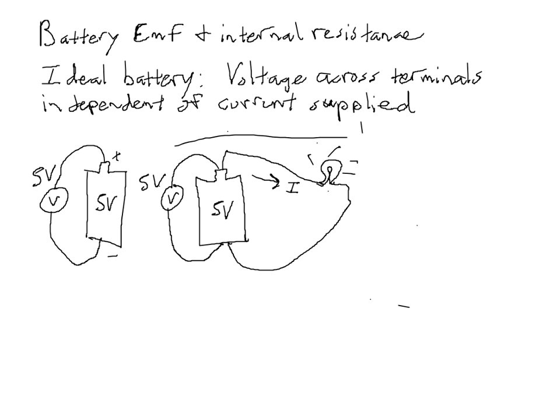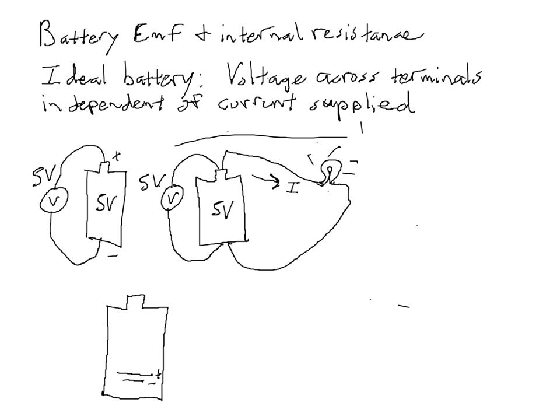Real batteries can be thought of as a voltage source of potential difference with a positive terminal and a negative terminal.